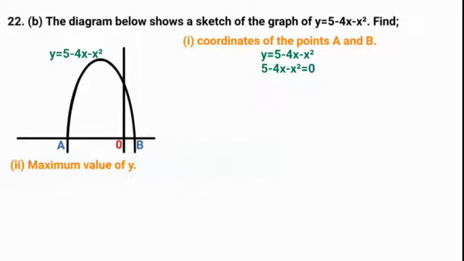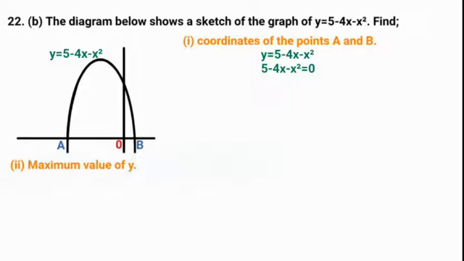Next, we're going to express negative 4x as two numbers that give a product of negative 5x squared and a sum of negative 4x.